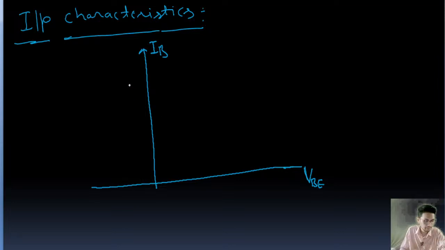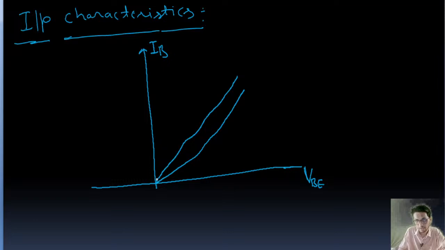This graph is going to be keeping VCB constant, similar to the common base configuration. This is the input characteristic.